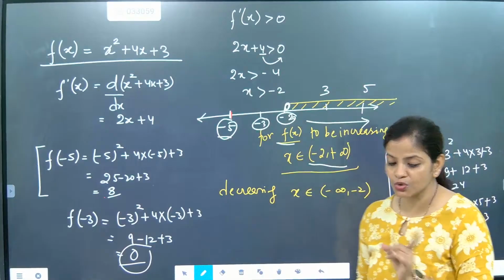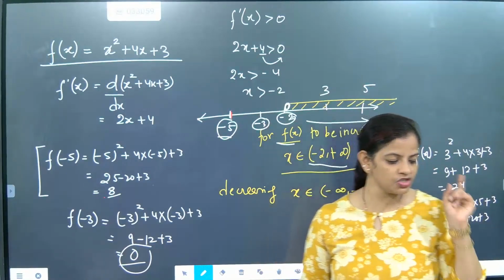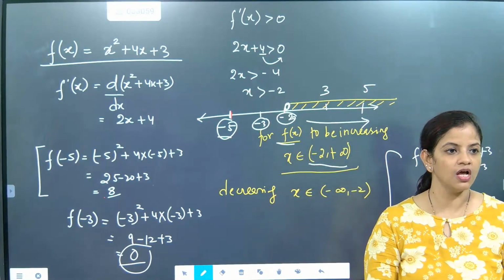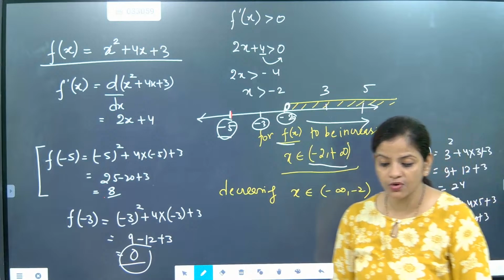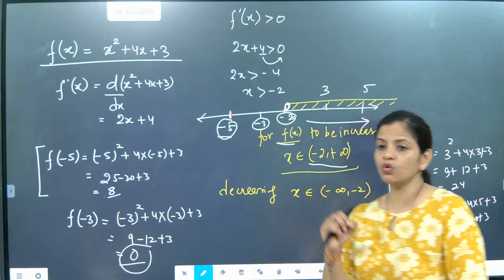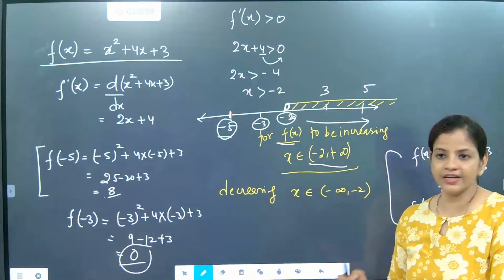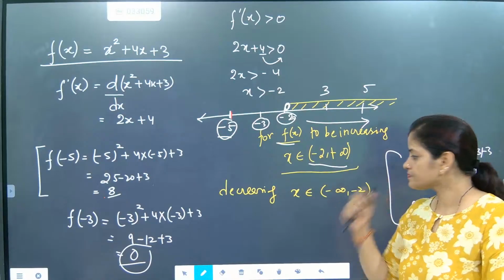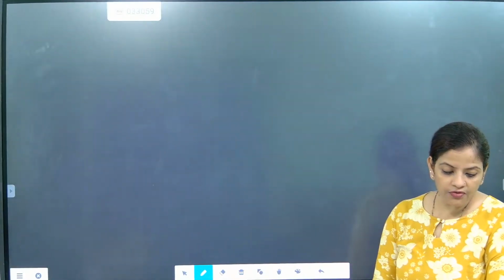But this is not as easy as we are thinking. This is just one question we have solved. Are we ready for the next level question? Ready? This was the easiest question for your understanding. Now we will start our tough work.